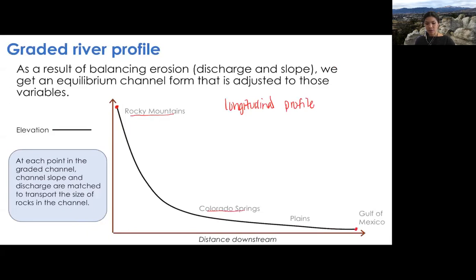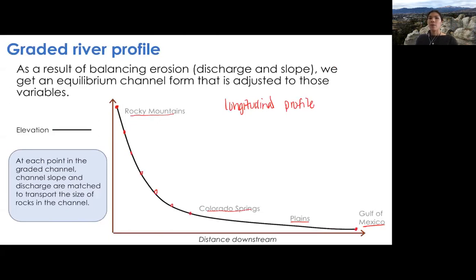We get into Colorado Springs kind of at the transition to the plains, to the Gulf of Mexico, eventually through the Mississippi. And at each point in the channel, and wherever you are within this graded channel, the slope and the discharge have been perfectly balanced in order to transport and erode the size of rock that's there.